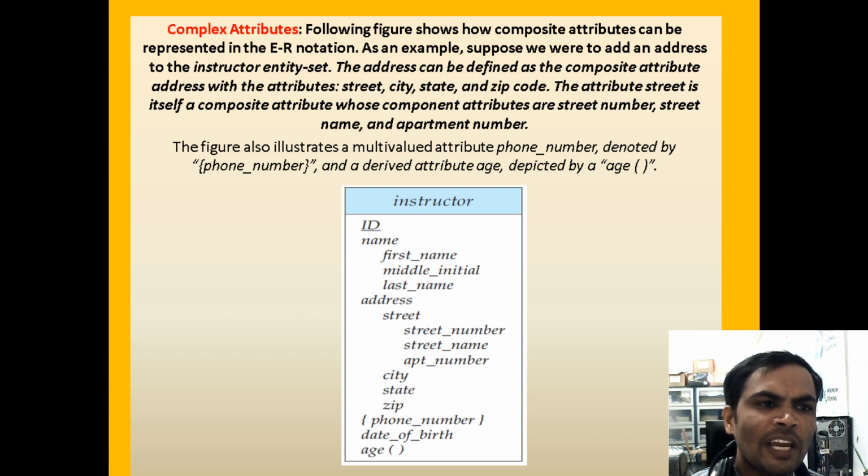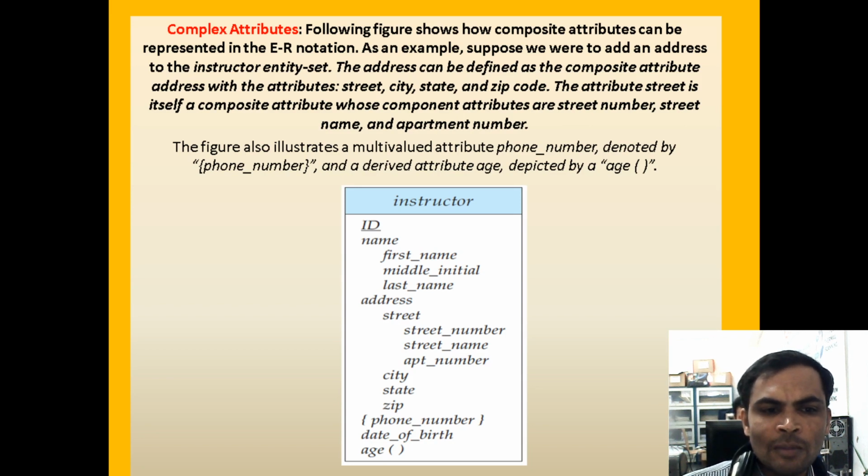Suppose you take address under the instructor entity set; address can be defined as a composite attribute. In the last class you learned about the different types of attributes in ER diagrams. Composite means that if an attribute has sub attributes, then only we can consider it a composite attribute.